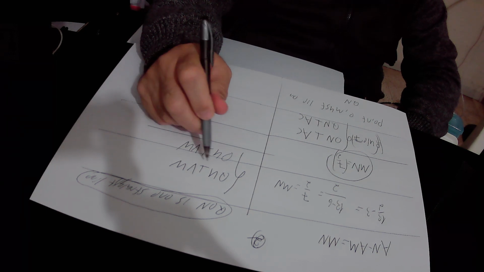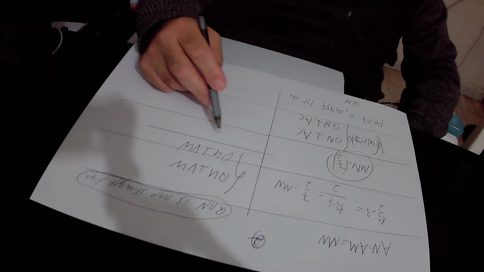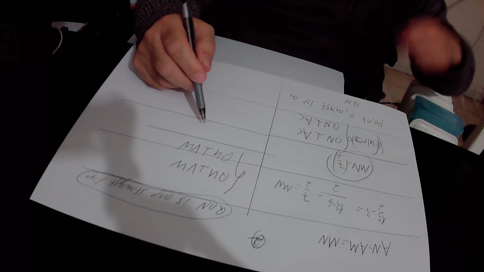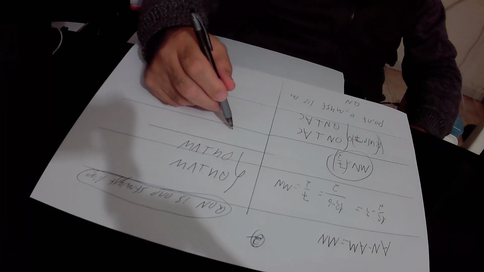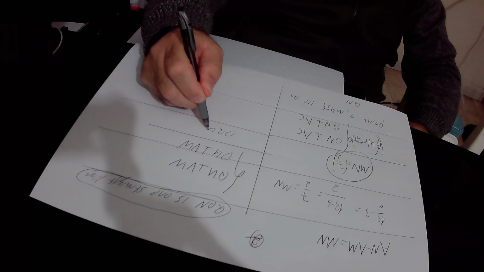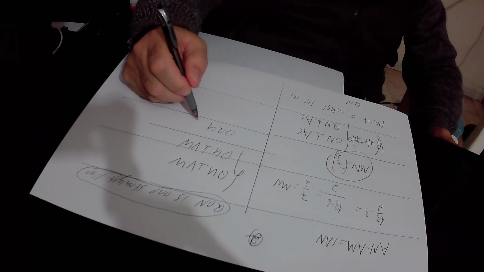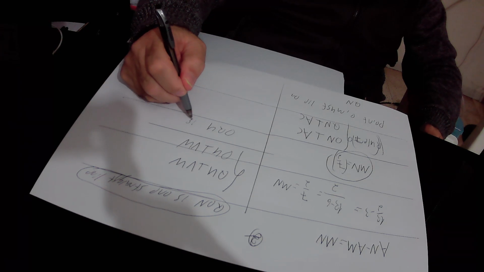And from these two equations, QU is perpendicular to VW, and OU is also perpendicular to VW. We will derive that the 3 points O, Q, U are located on the same straight line.